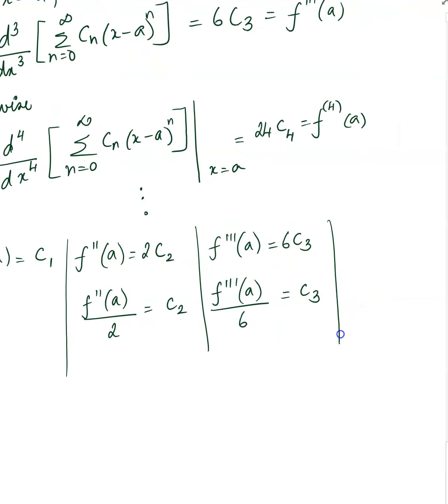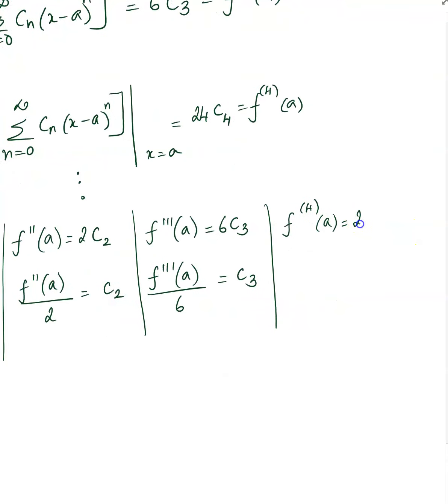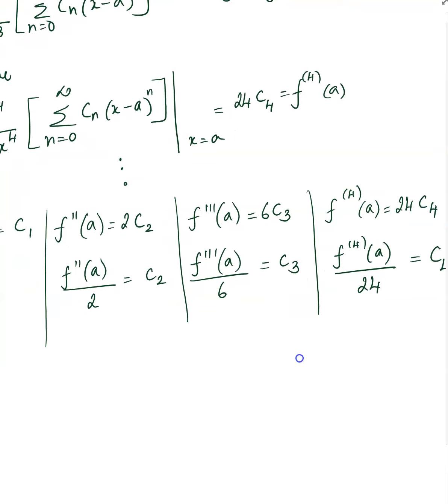We even did the fourth one, so I'll squeeze that in here. The fourth derivative of a was 24c4, so the fourth derivative of a over 24 will give me c4, and so on.